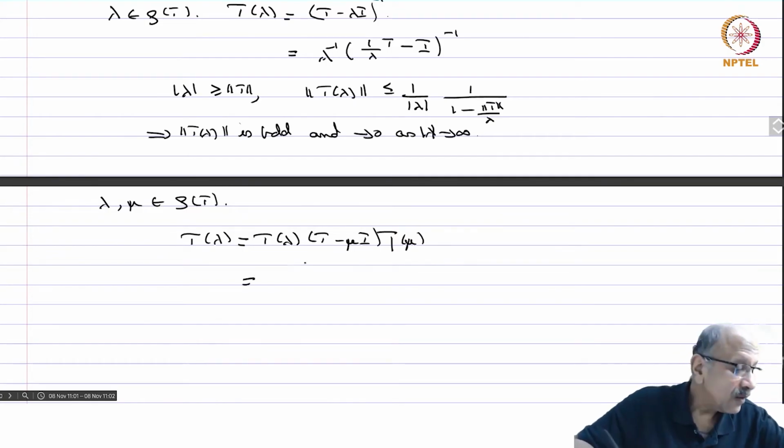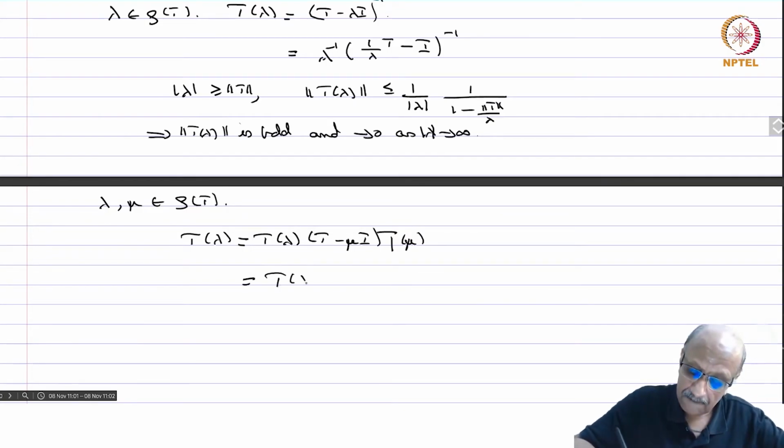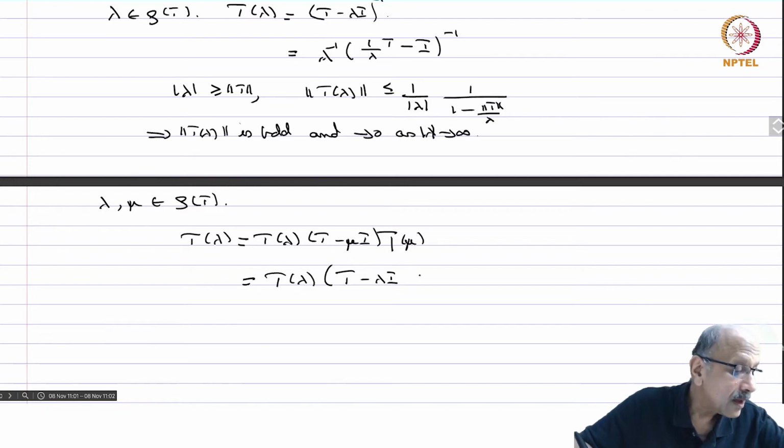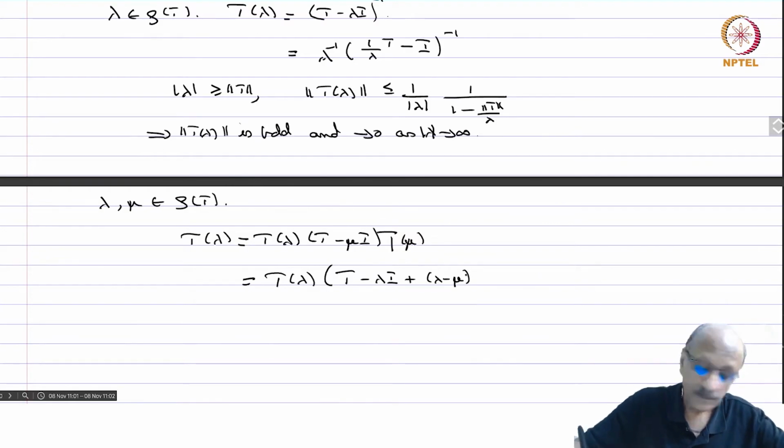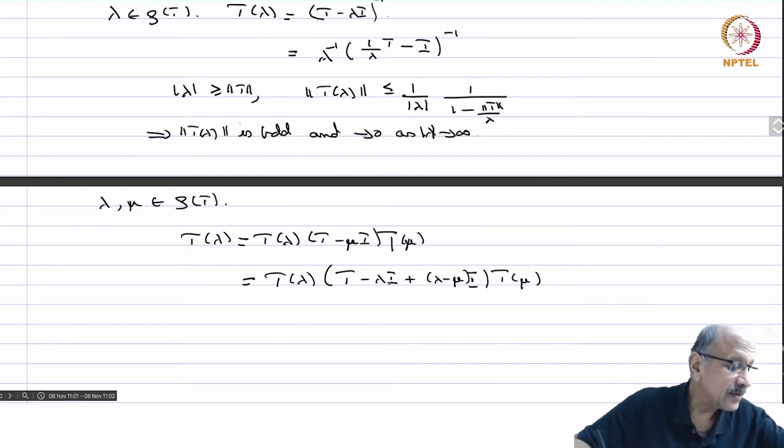So this we will write as T_lambda into (T minus lambda I plus lambda minus mu times I) into T_mu. I have just added and subtracted a lambda I in this equation.